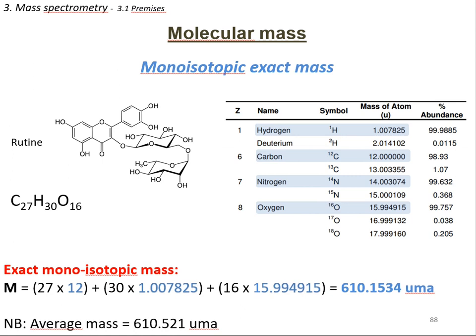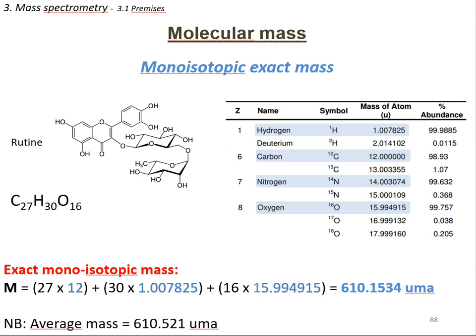So the exact monoisotopic mass will be 27 multiplied by 12 plus 30 multiplied by the mass of one hydrogen, which is 1.007825, plus 16 times the mass of oxygen, which is 15.99, etc. And so the exact mass with 4 digits is 610.1534 atomic mass unit, so AMU.